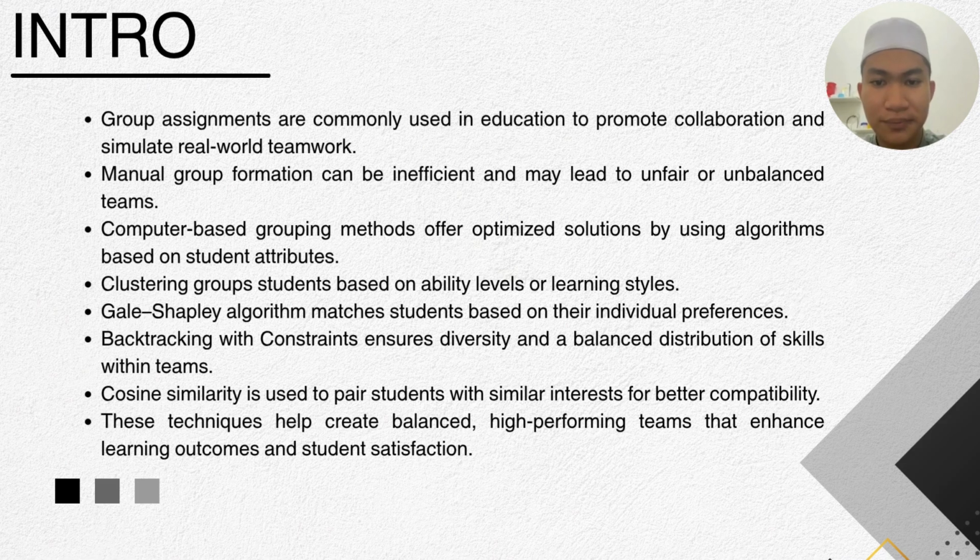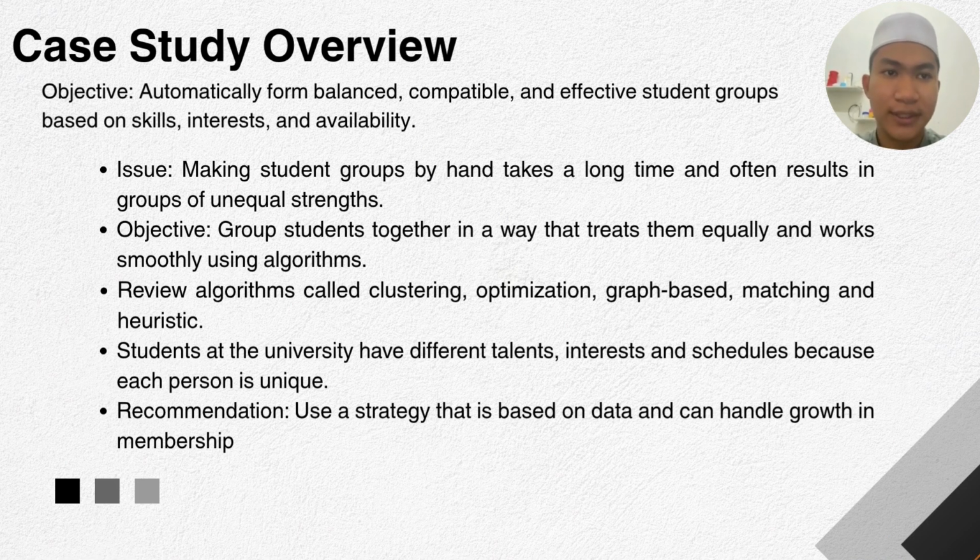That's all. Thank you. About the case study overview, our goal is to automatically form balanced and compatible student groups based on skills, interests, and availability. The issue is that manual group formation is time-consuming and often leads to unwanted teams.